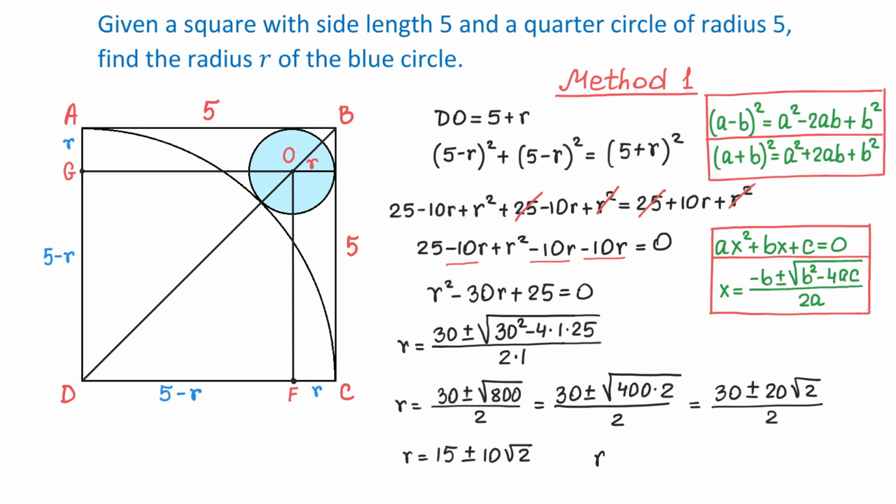Therefore, r equals 15 minus 10 square root of 2, which is approximately 0.86 units. So here we got the solution, and the radius is 15 minus 10 square root of 2, or approximately 0.86 units. And now let's see method 2.